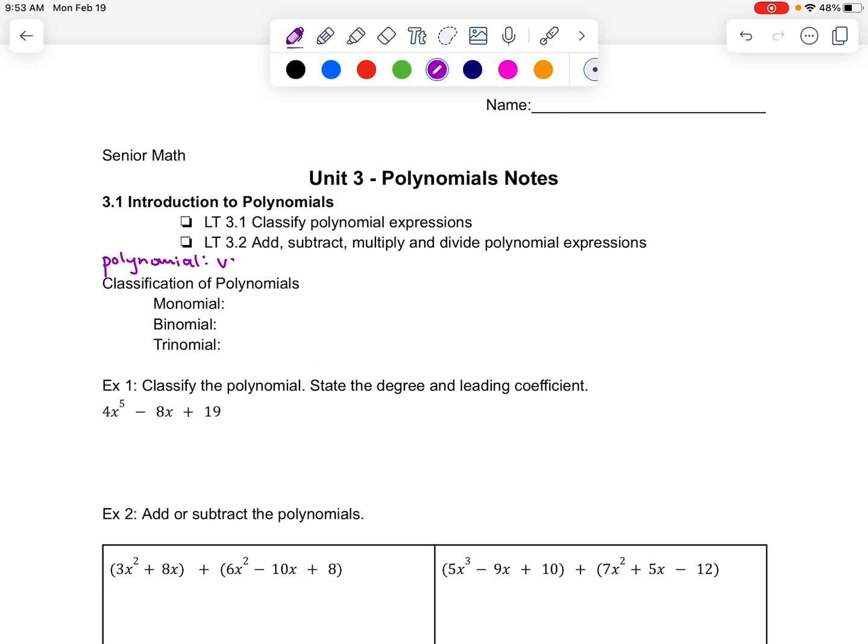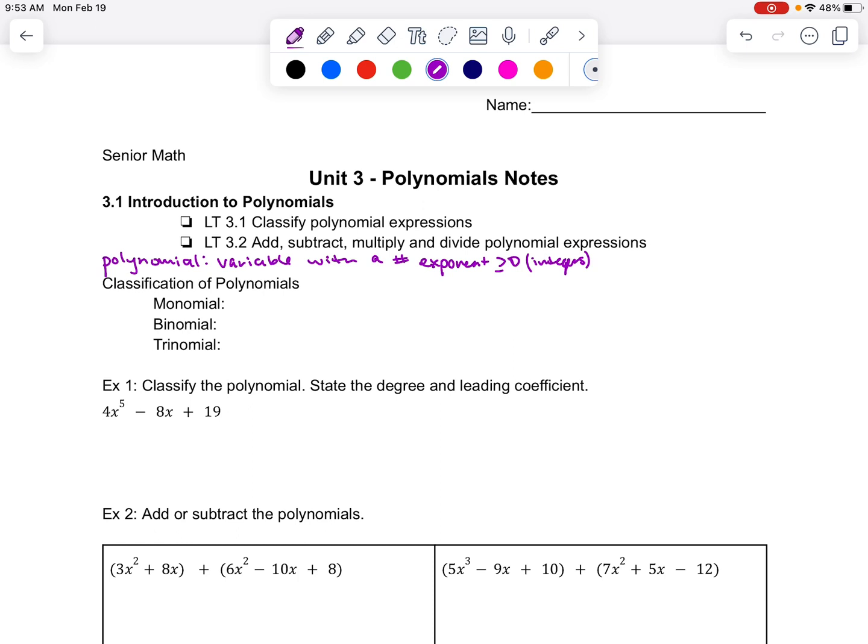So a polynomial is a variable with a number exponent greater than 1 or equal to 1, technically 0, and those are integers, so they can't have decimals and they can't be fractions, and then you might have a coefficient.